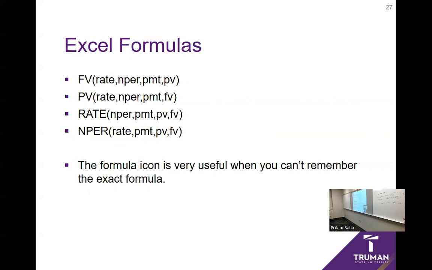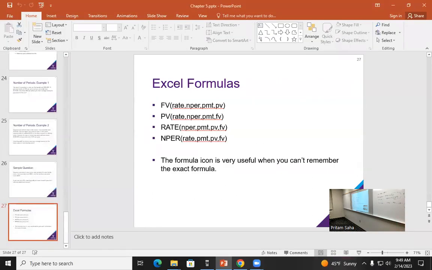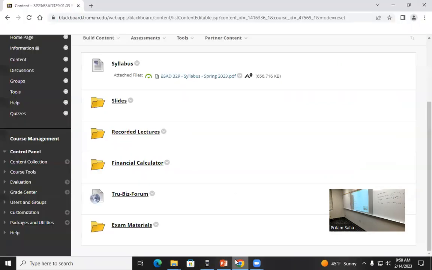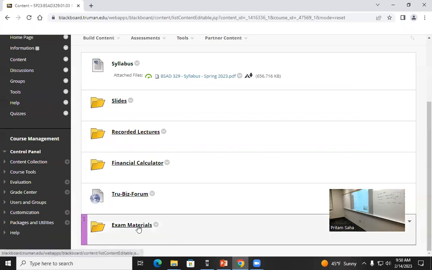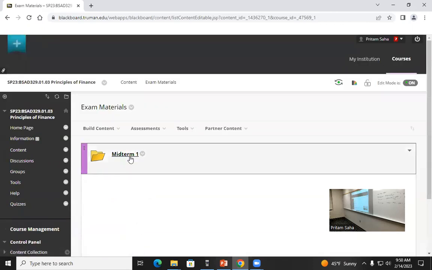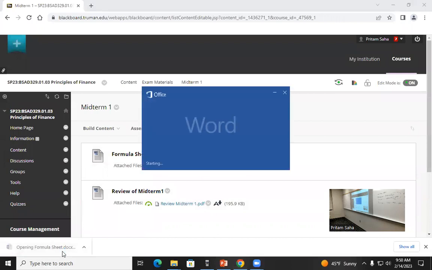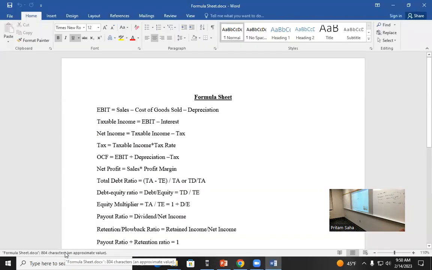Make sense? Okay, so now some important information for your midterm next week. If you go to the Blackboard, you can see this folder is new, right? You could just say we took the midterm and then not.